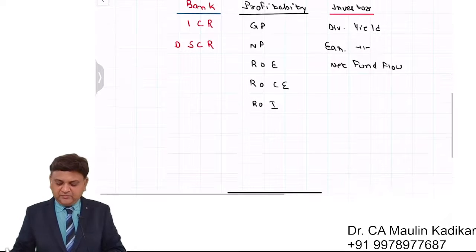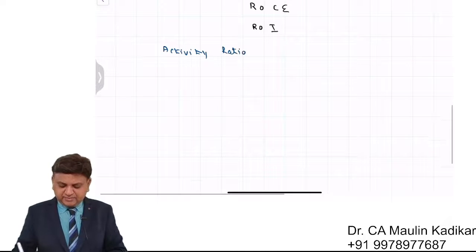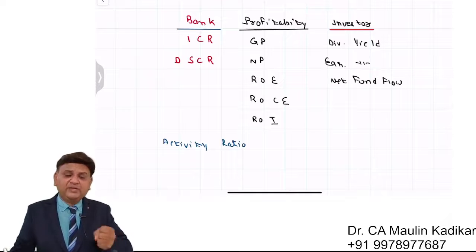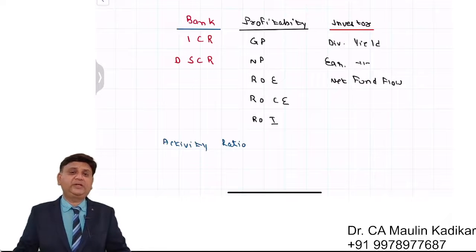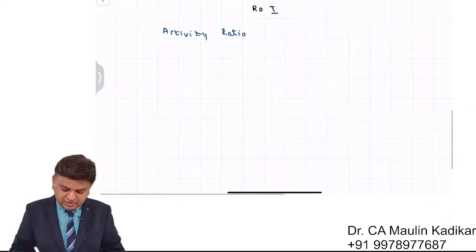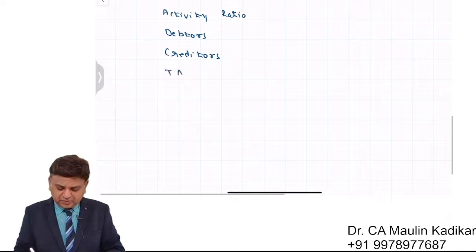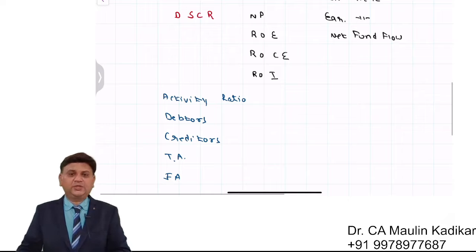Next, we will be having certain ratios from activity ratios. Basically, the management of the company would like to know how effectively we utilize the investment that we have made in the business. And for that, we have certain activity ratios. It is called debtors turnover ratio, creditors turnover ratio, then total asset turnover ratio, fixed asset turnover ratio, working capital turnover ratio.